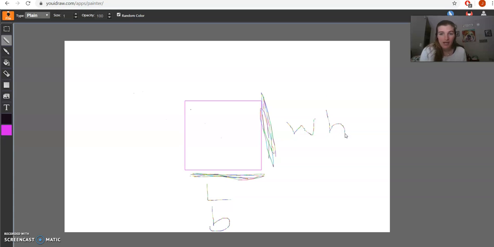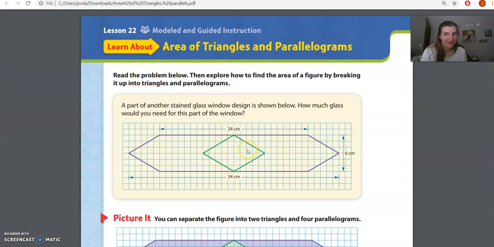Totally reasonable stuff. So we know that base times height or length times width gives me the area of this, but a triangle is half of that. So if I do half the length times the width, I'll get the area of the triangle in here. So I'm just gonna pause real quick and erase everything, and we're back.